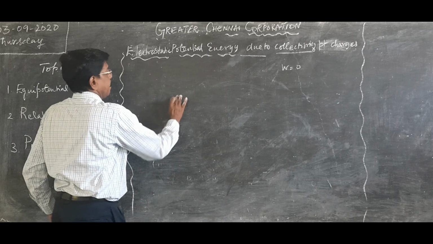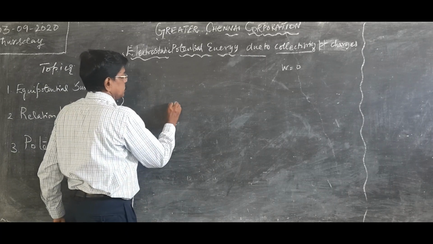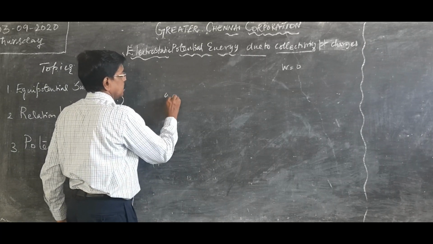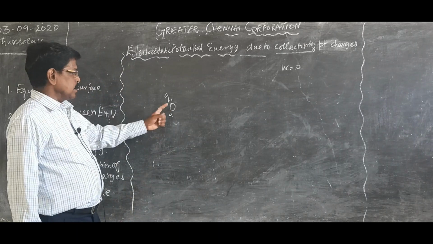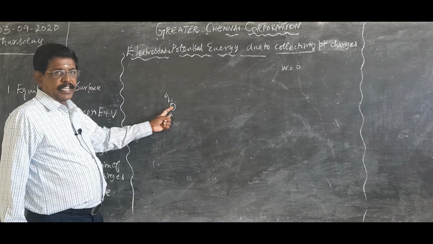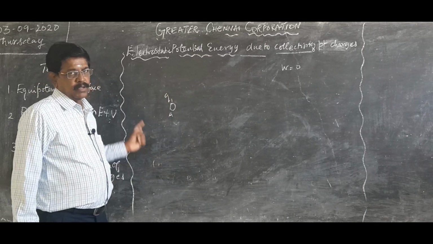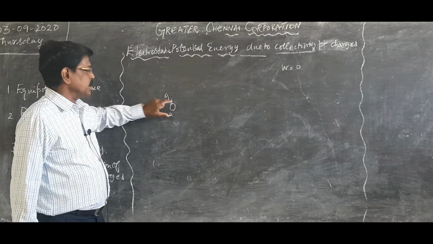Say the first charge Q1 is placed at A. What is the work done? When the first charge is placed at A, there is no force at all, no field, so the work done is 0.